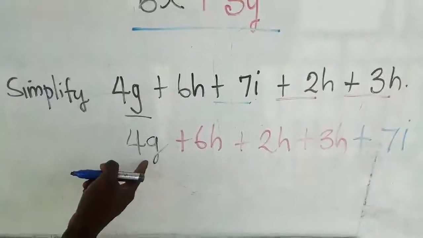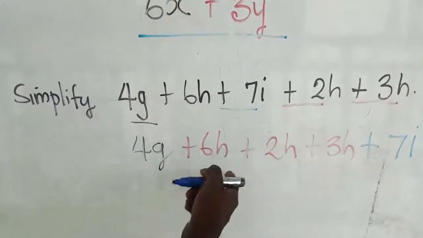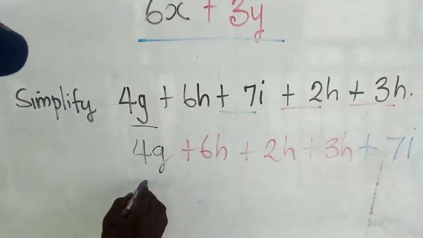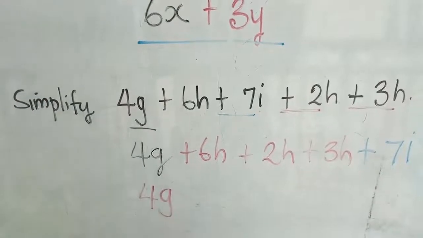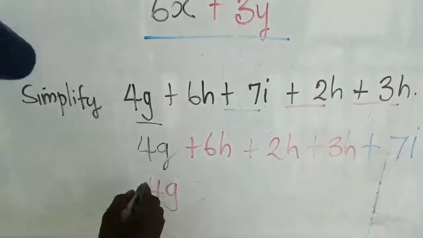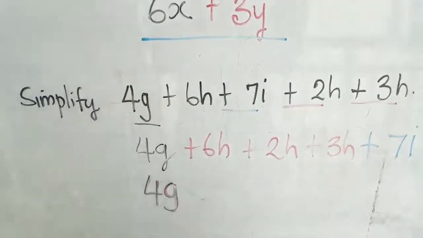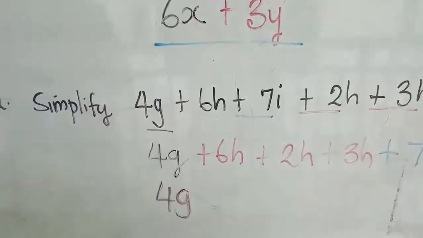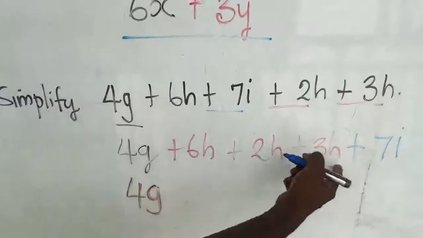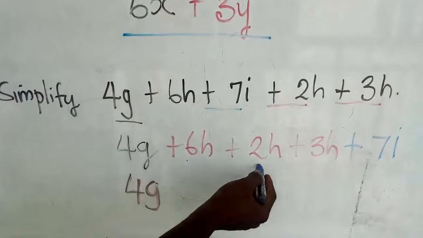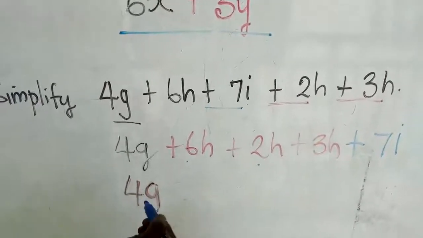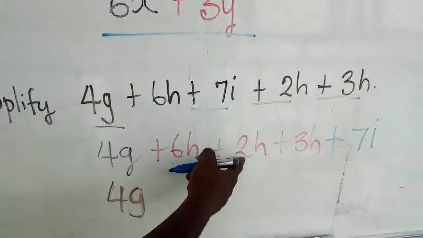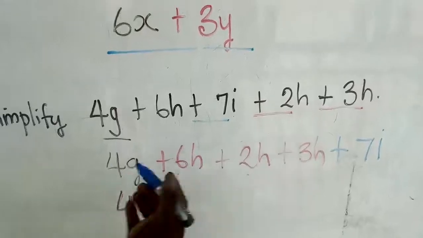This is g. There's no other term that is g, so 4g remains 4g. Then h, this plus 6 plus 2 plus 3. 6 plus 2 is 8. 8 plus 3 is 11.